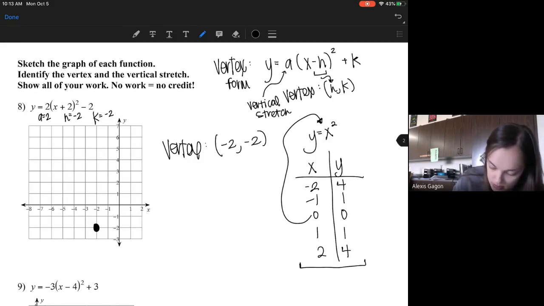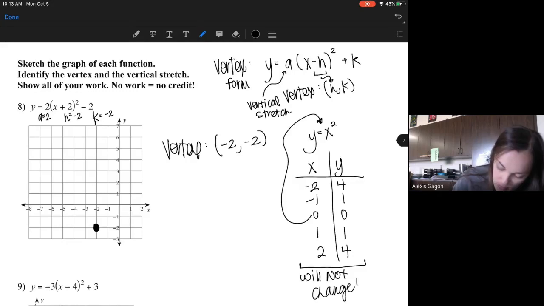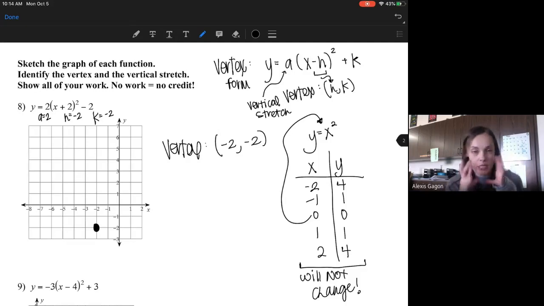I'll just put will not change. But we need to use our a value here. So this is for our parent graph, our parent function. But we have moved our parent function, so it's not right on 0, 0.